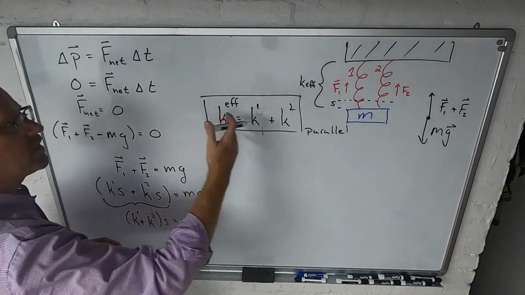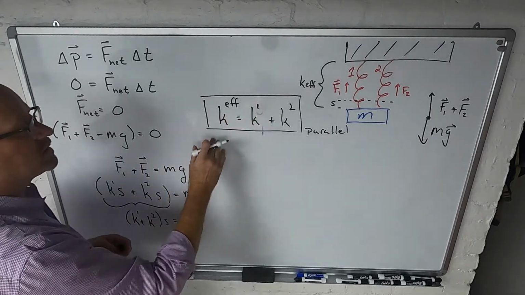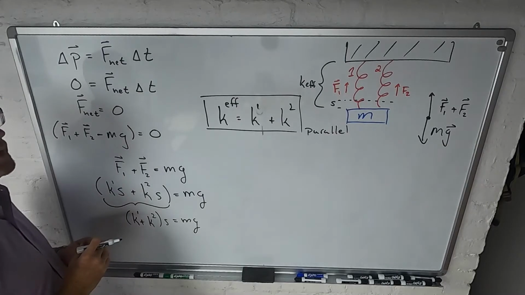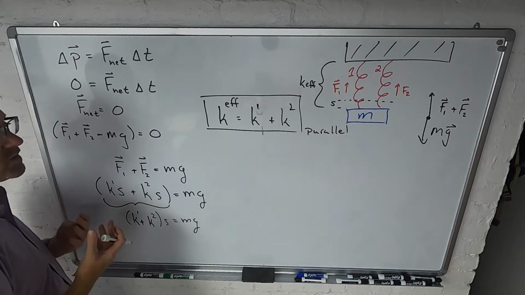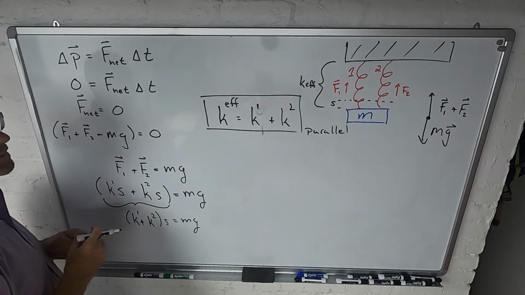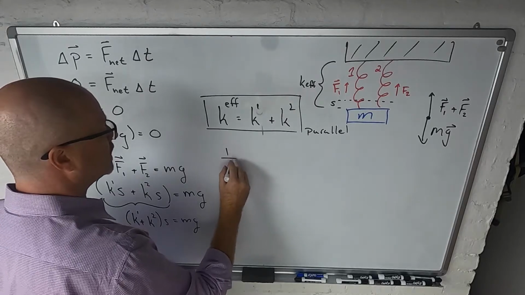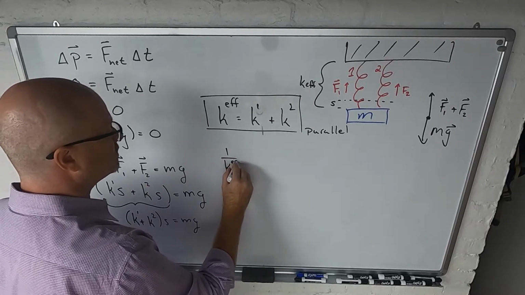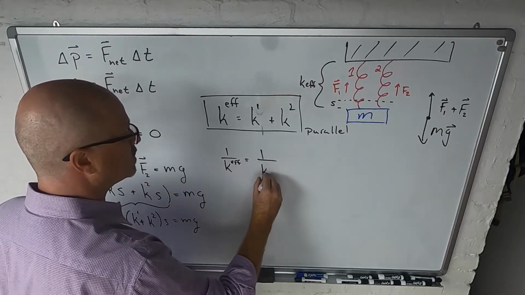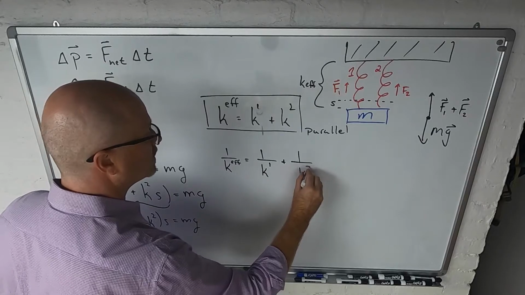If I had 1,000 springs in parallel holding up my mass, I would just write that the K effective for that system, because the stretch is the same, is just the sum of all the spring constants of all the springs. For something in series, we saw that, just to revisit that, 1 over K effective is equal to 1 over K1 plus 1 over K2.